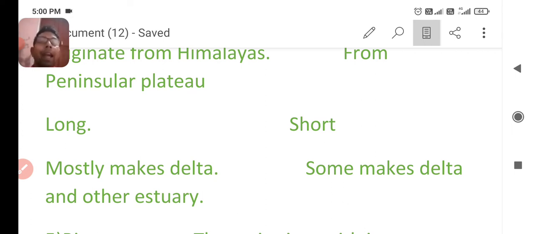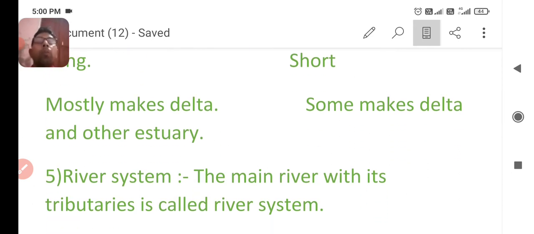On the other hand, peninsular rivers are short. And next point, mostly Himalayan rivers make deltas, and on the other hand, some peninsular rivers make deltas and others make estuaries.